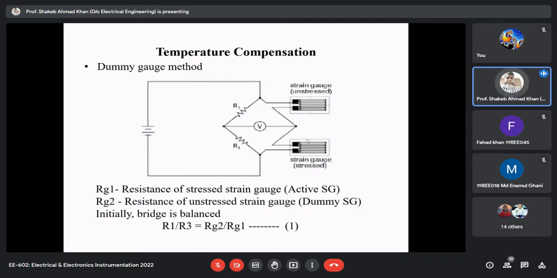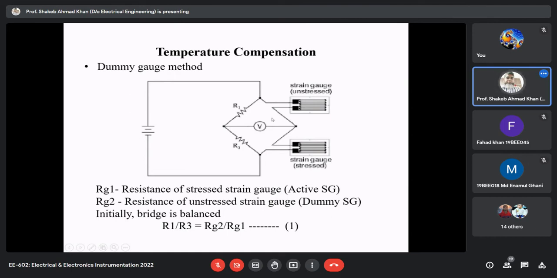So this particular feature of this circuit we use for temperature compensation. Now we can have a curiosity: if both of them are made active, means they are bonded to the structure, and there is a similar, identical change in both the strain gauges, then your bridge won't respond.